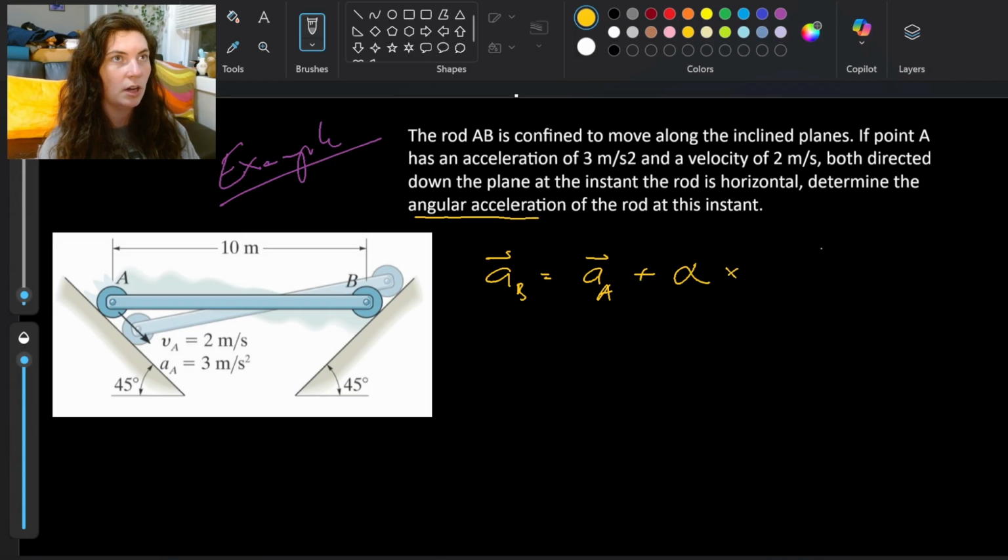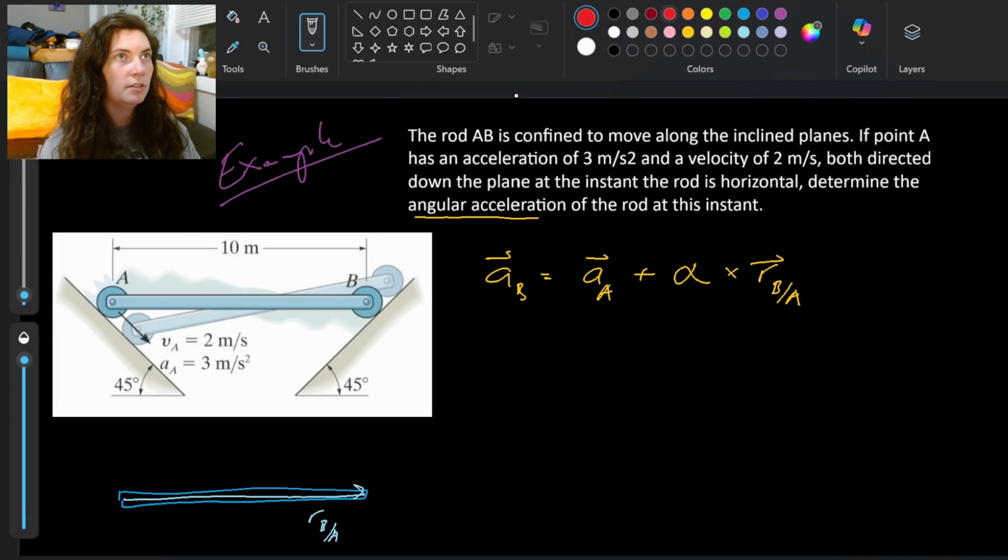And that is cross product with our r of B with respect to A. So if we make a mini diagram just below it so we can see my markups a little bit better, we're going to have from A to B, that's our r of B with respect to A. That's pretty easy to find as well.